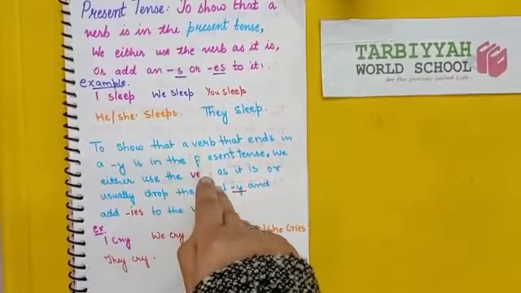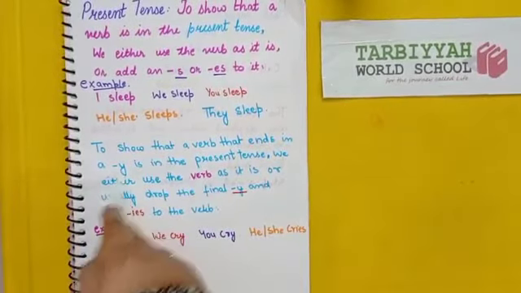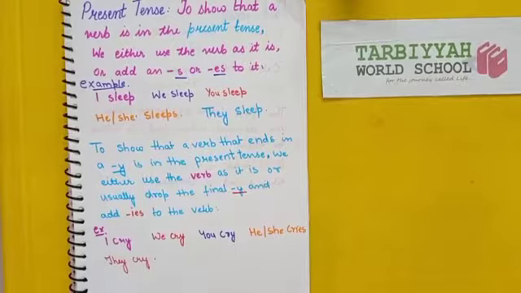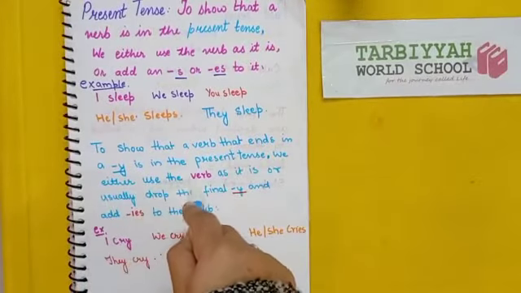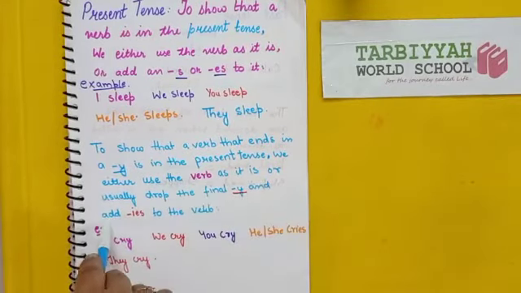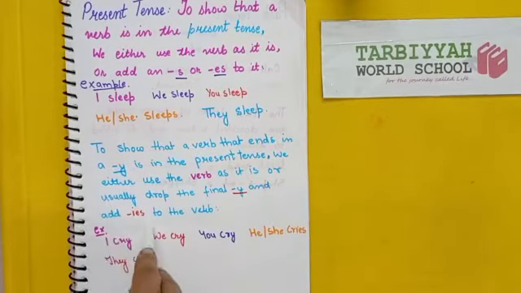To show that a verb that ends in a y is in the present tense, we either use the verb as it is or usually drop the final y and add ies instead of y.